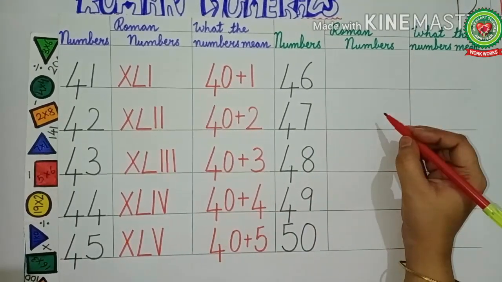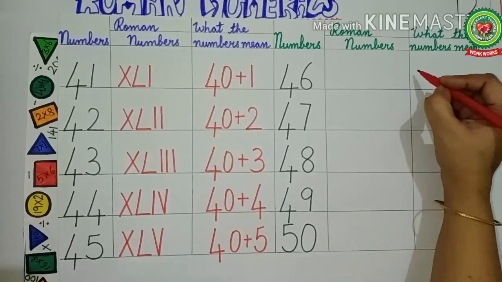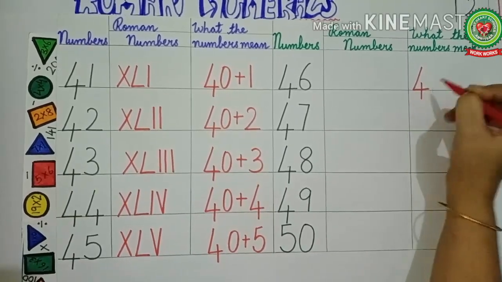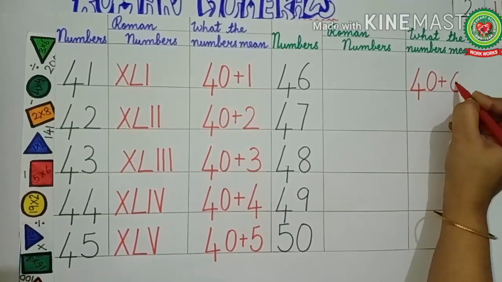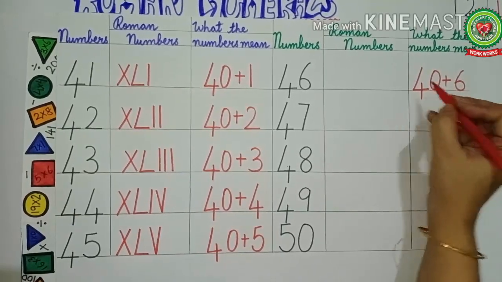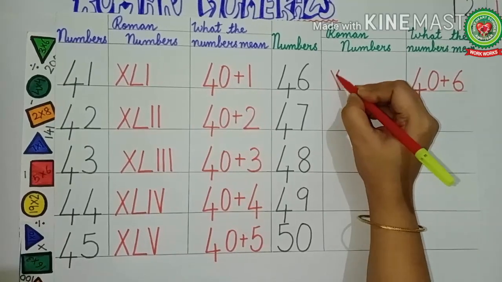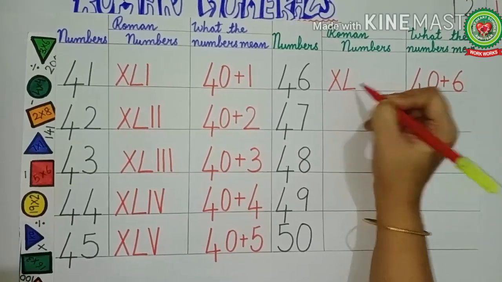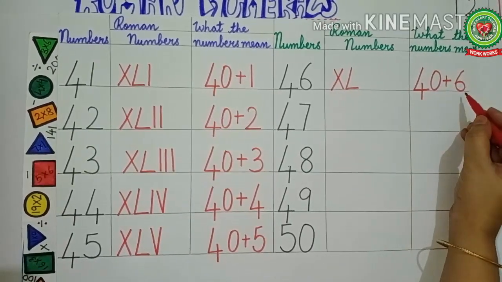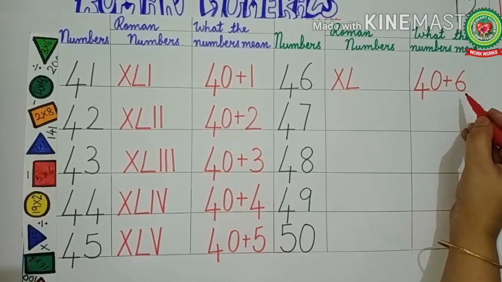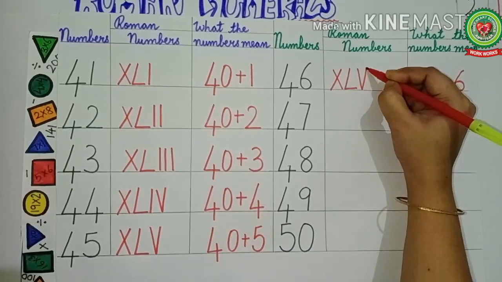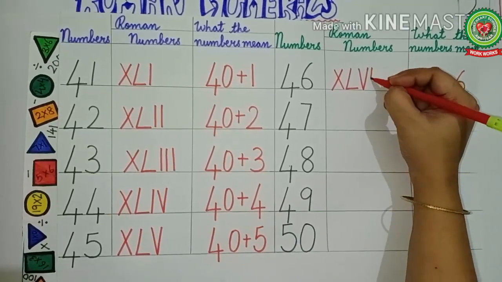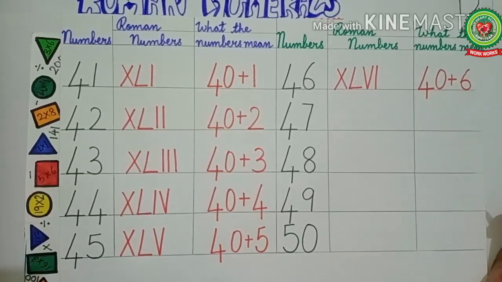Now next is 46. 46 means 40 plus 6. Now how do we write 40? That is XL. And what is the meaning of 6? 6 means 5 plus 1. So how do we write 5? That is V. How do we write 1? That is I. It becomes XLVI, 46.